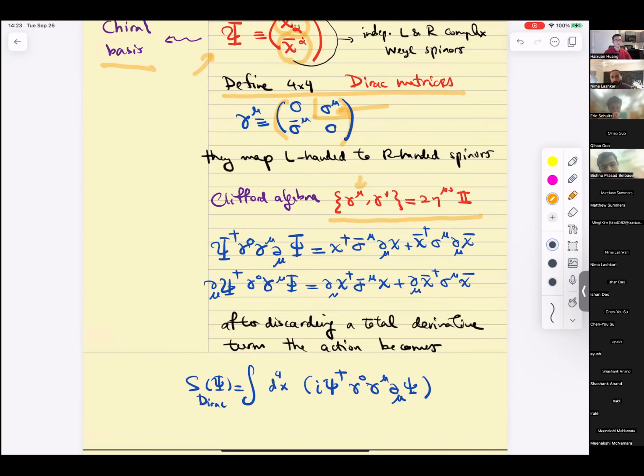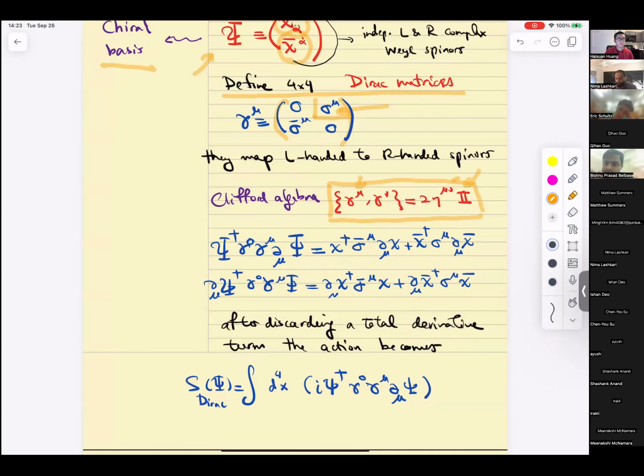These matrices satisfy what's called the Clifford algebra: the anti-commutator of the Dirac matrices is 2 times the spacetime Minkowski metric, times the 4 by 4 identity in the spinor representation.